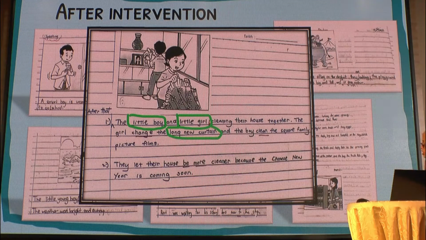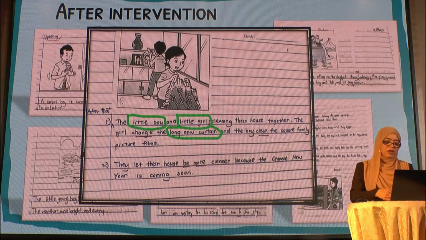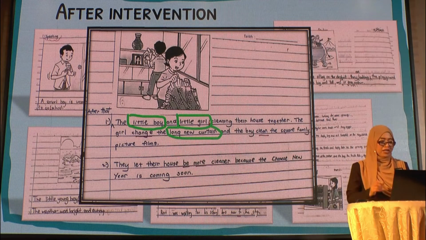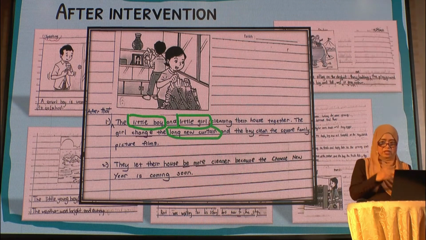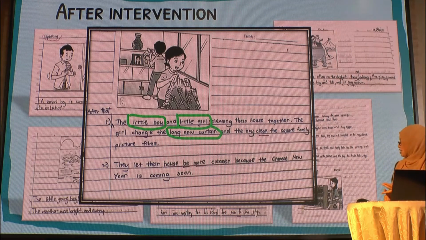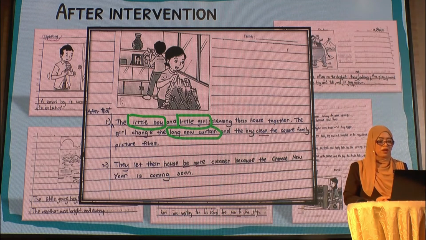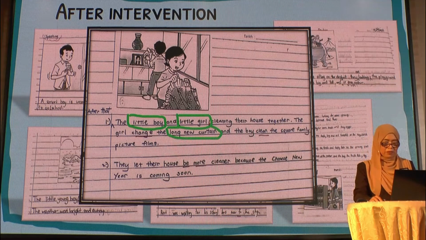Instead of just saying the boy, now they can describe the boy as the little boy and the little girl. They are cleaning the house together, and the girl changed the long new curtain. So now they can describe the boy, the girl, and the curtain. You can see how the sentence has been developed after they have made use of the board to describe the adjectives.